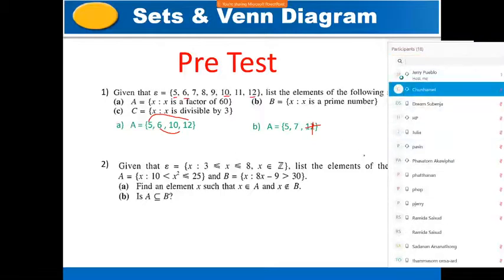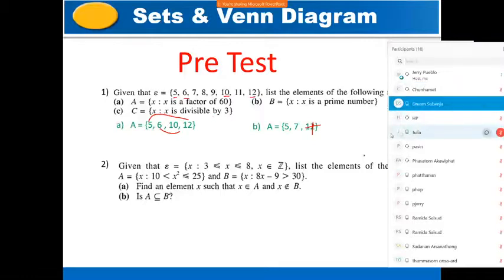Now, next, let's set C. X is divisible by 3. Okay. Dream, what are the X is divisible by 3? Dream. X is divisible by 3.